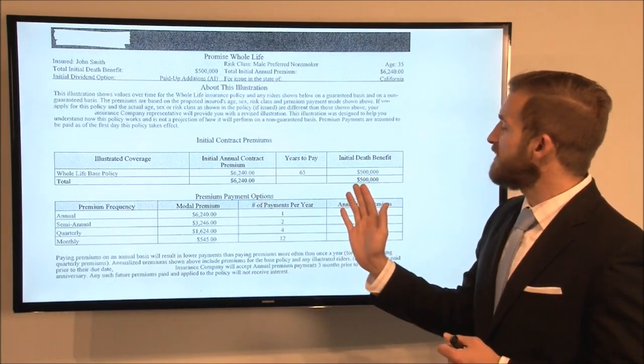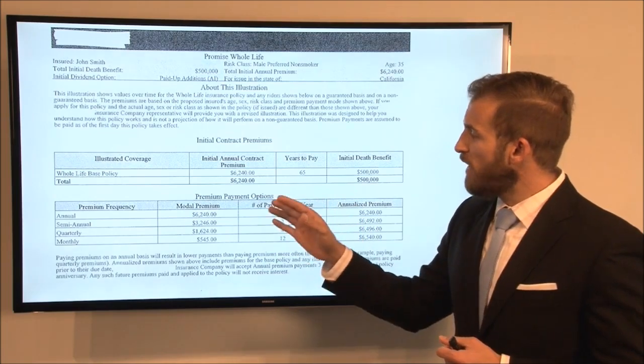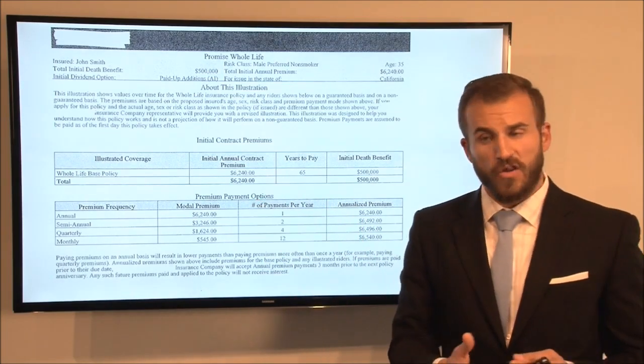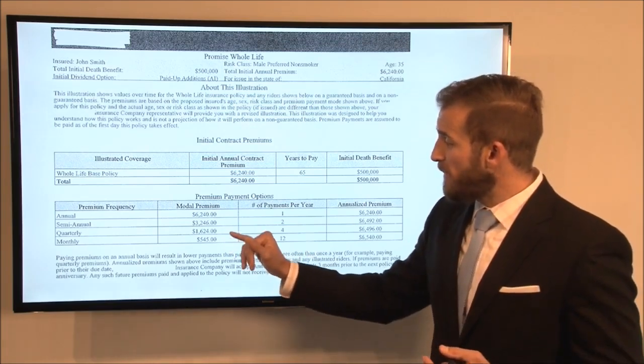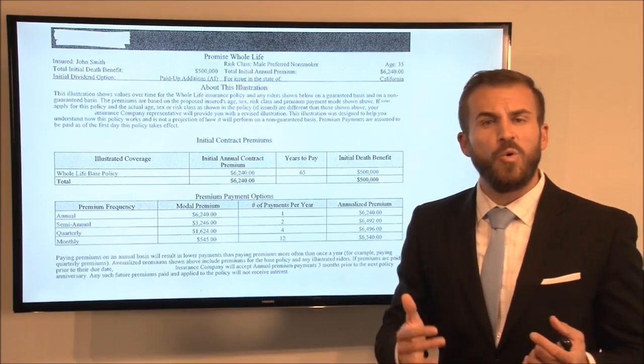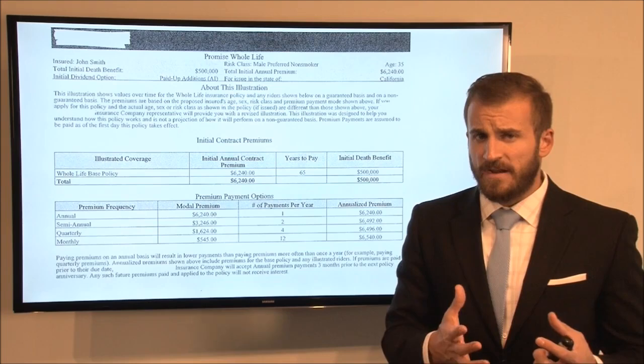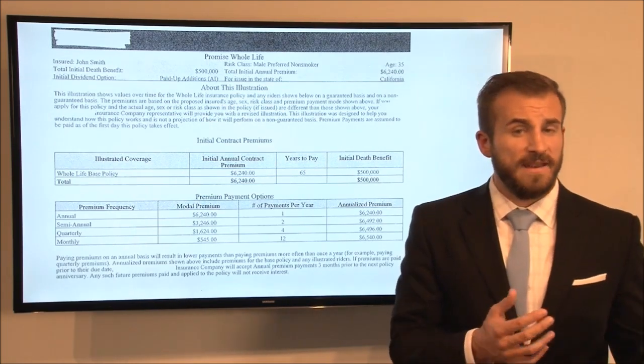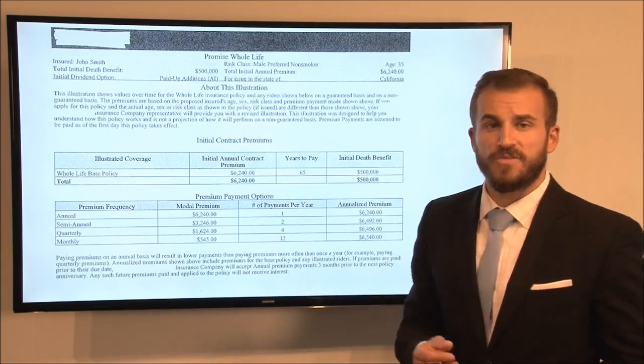So for this $500,000 in coverage, the total annual contract premium would be $6,240. Your client could pay that annually, semi-annually, quarterly, or monthly, and that's really dependent upon the company you're working with. Certain companies just do monthly and annually. Other ones have these 4 options.